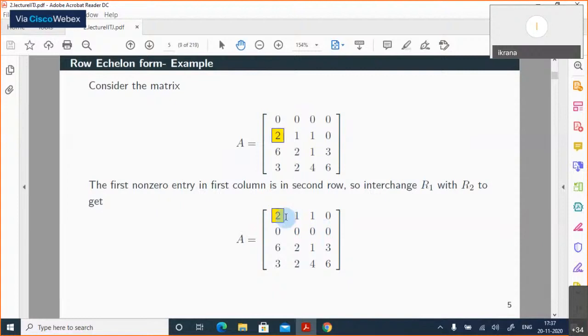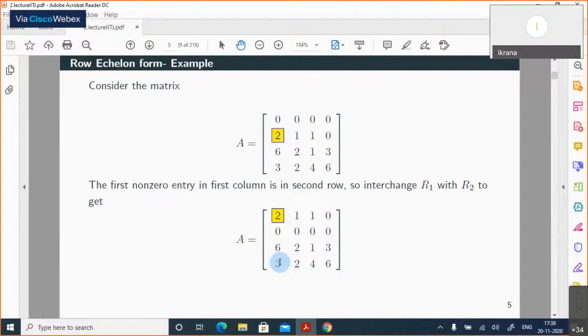Okay. Right. And now what we do is we can make everything below this 0 by multiplying the first row by -3 and adding it here, so that this entry becomes 0. This will change. We don't bother about that.